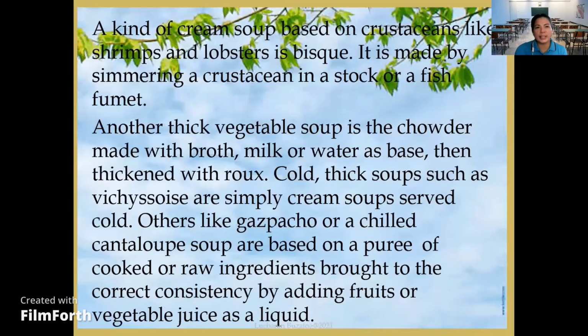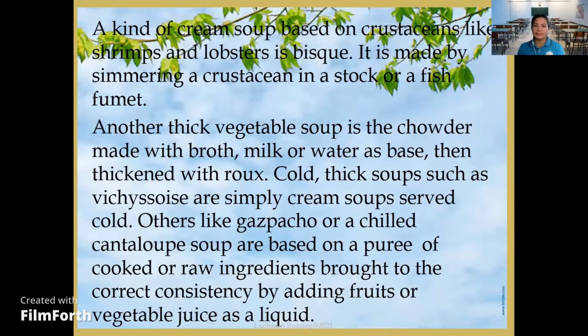So it is a kind of cream soup based on crustaceans like shrimps or lobster, which is bisque. It is made by simmering crustacean in a stock or a fish fillet. Another thick vegetable soup is the chowder that is made with broth, milk, or water as base, then thickened with roux.